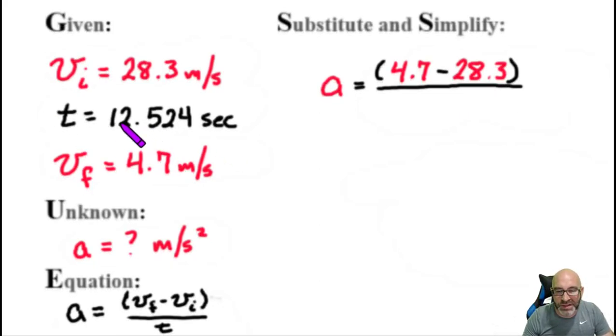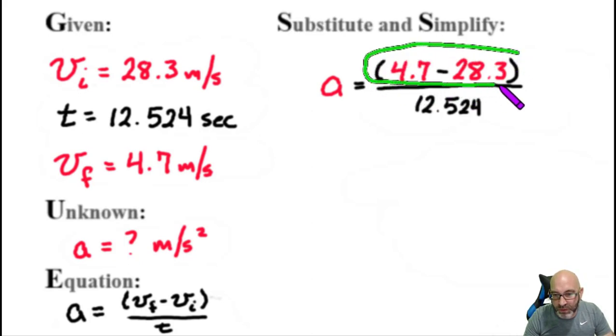And I know that my time is 12.524 seconds. So these parentheses tell me that I want to solve the top, the numerator, first. And so when I get out my handy dandy calculator, I can take 4.7 minus 28.3.